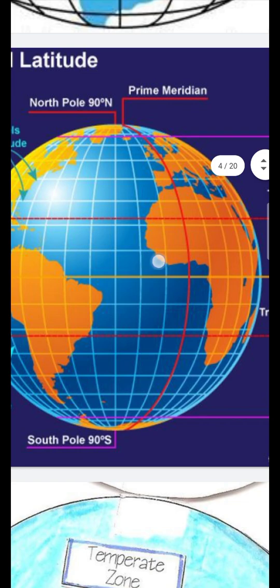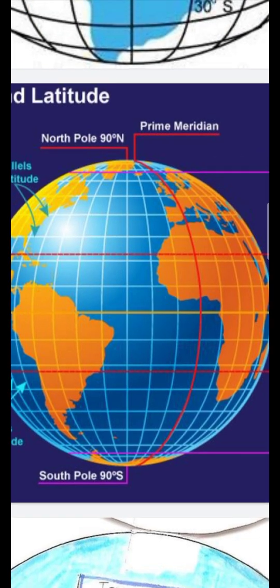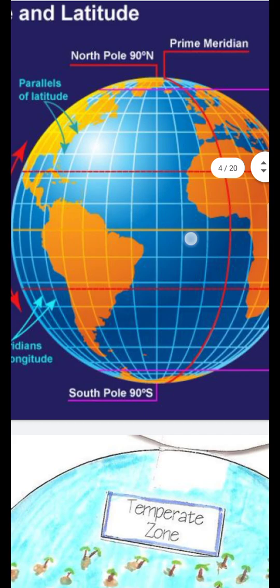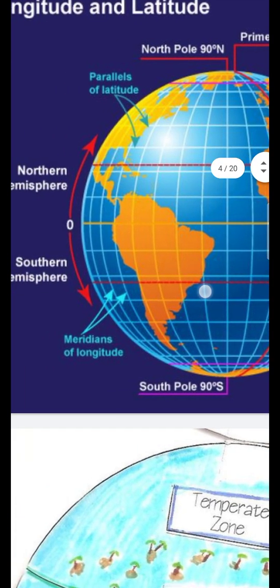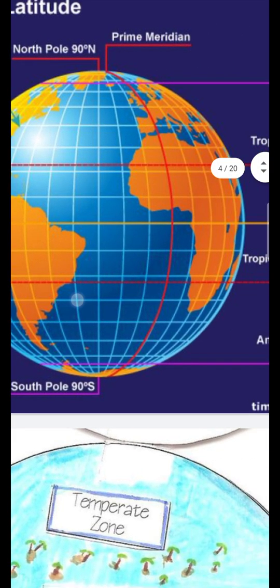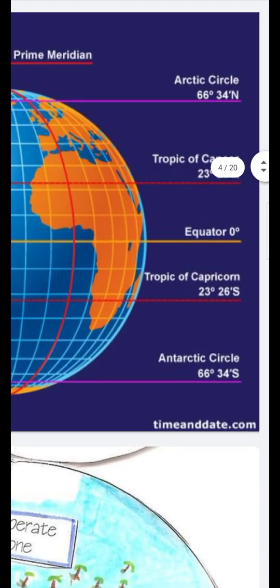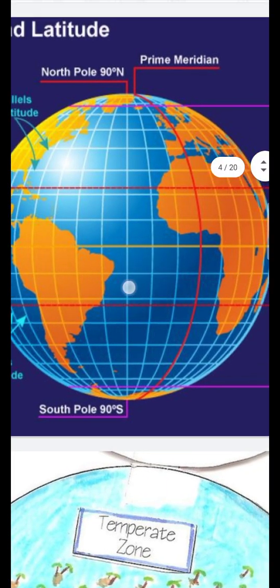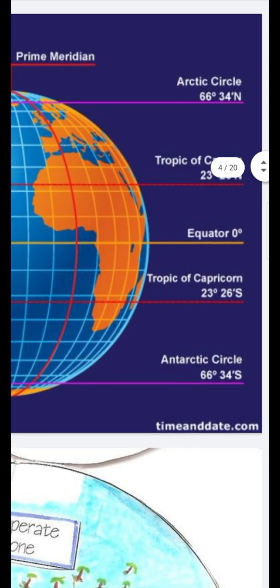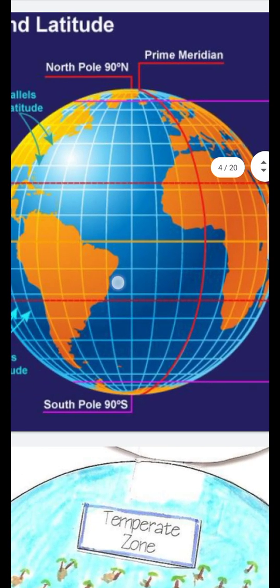So this is the prime meridian. The red one, longitude, is known as the prime meridian, and this is known as the equator, the yellow one, the middle of the earth, which is 0 degree.